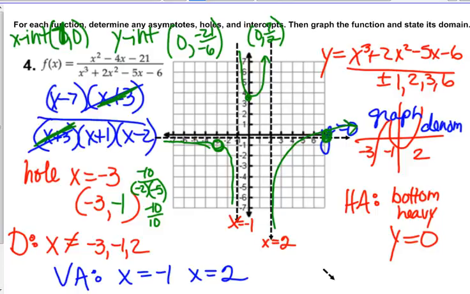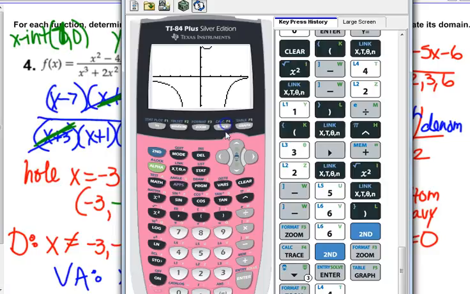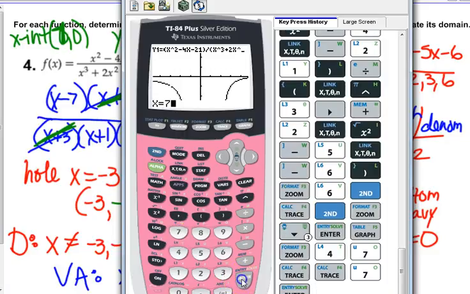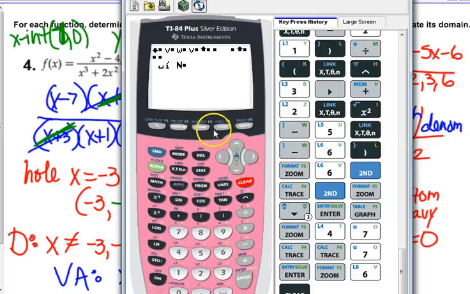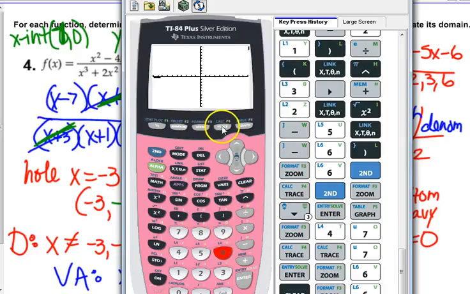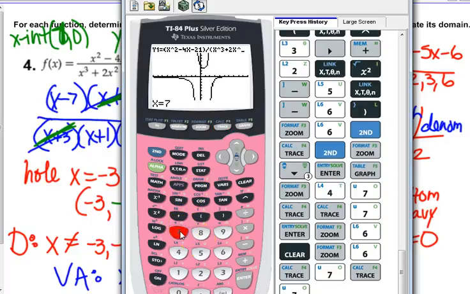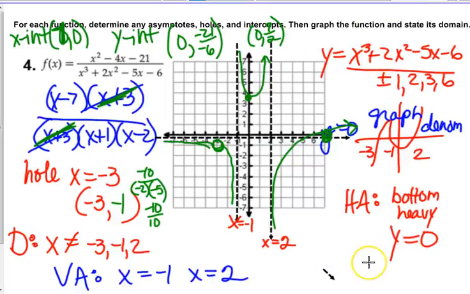If I go back to my graph, if I do trace 7, yep. Okay, if I go to 7, I'm at 0, but if I go past 7, notice it is positive. Barely. It's very small. It's going to get tiny little small decimals.